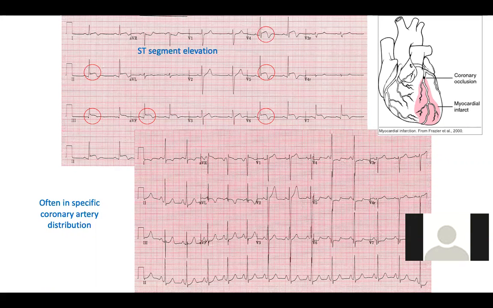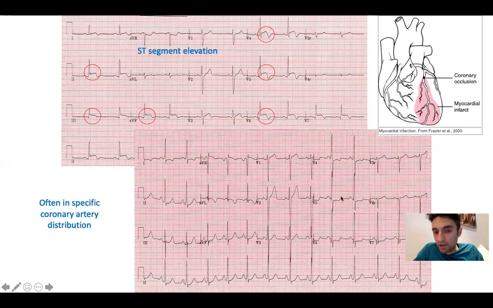It looks pathological. Yes, because it's ST depression with an upright or biphasic T wave, depression, biphasic T wave. Depression and upright T wave. So there is definitely discordance between the ST and T waves.